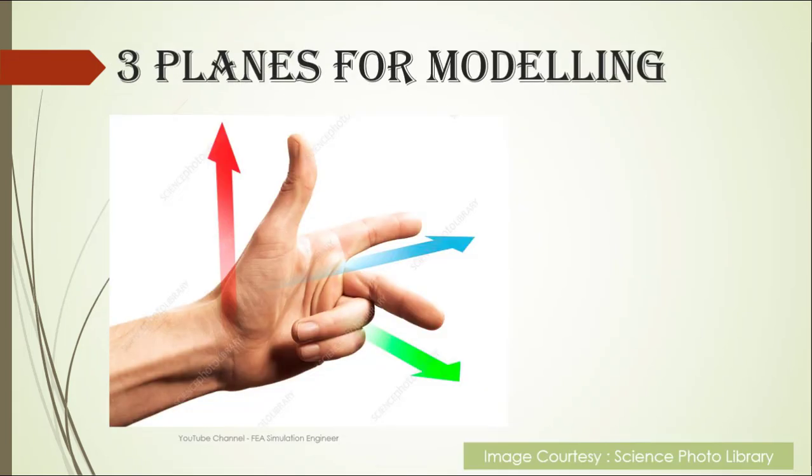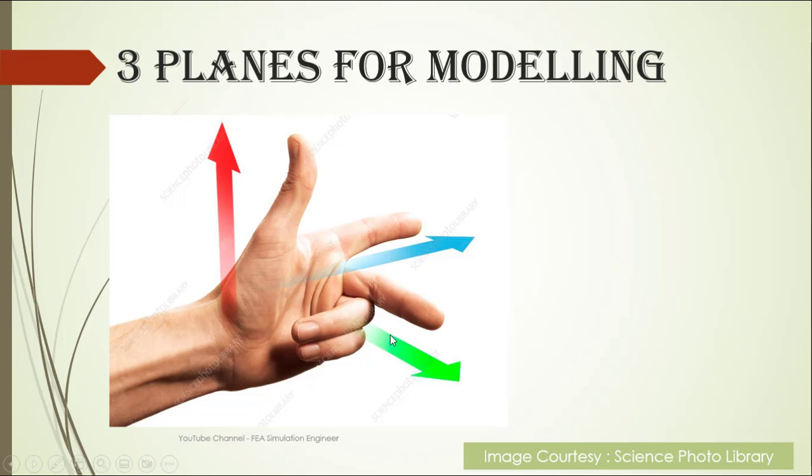So the three planes for modeling that I am explaining now: consider a red arrow, which is the upward direction, and perpendicular to this arrow there is a blue arrow, and again a green arrow, which is perpendicular to both the red and blue arrows.